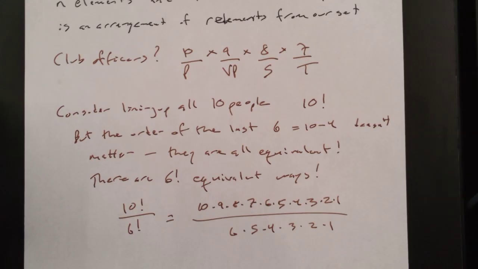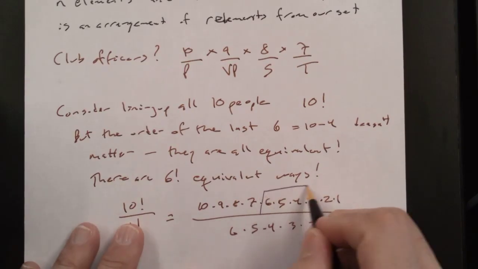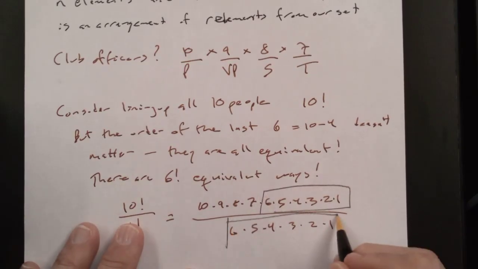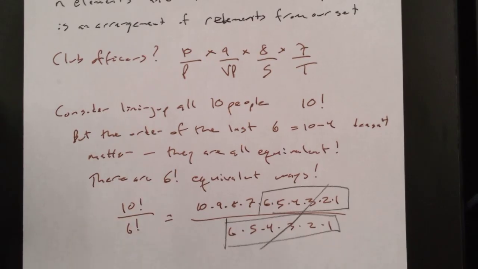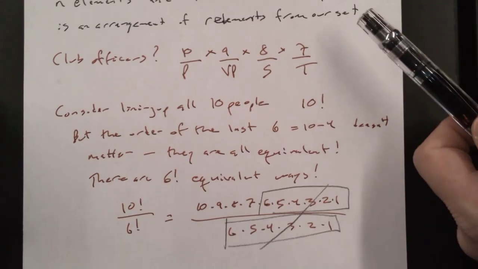Instead of multiplying it out, because the 6, 5, 4, 3, 2, and 1, they're all going to cancel, aren't they? And doesn't that give me exactly the same answer as this one up here?